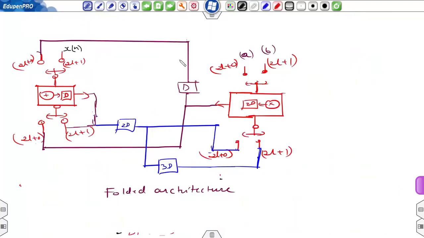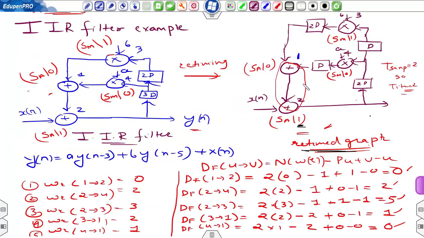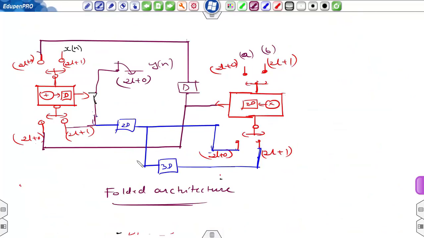So the output will be taken from the adder, and the switch will close at the instance 2l plus 0. So this is the final folded architecture for this IIR filter, and this was derived by retiming the given IIR filter. The total number of registers used in this architecture is 5.